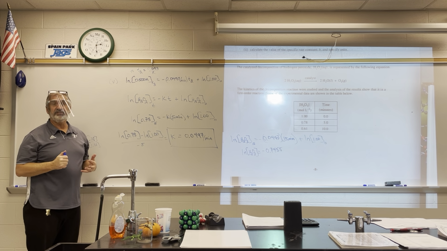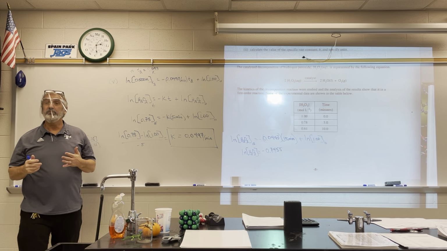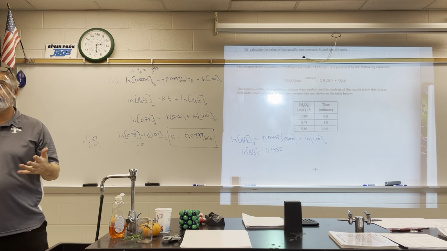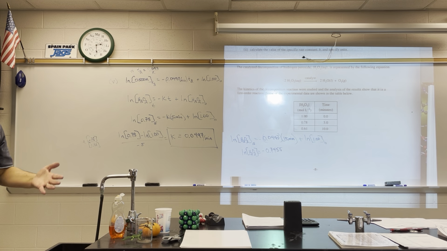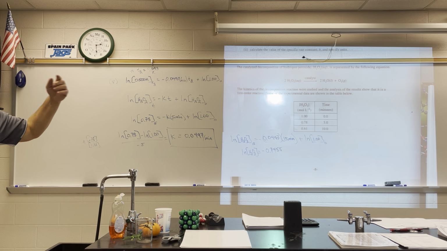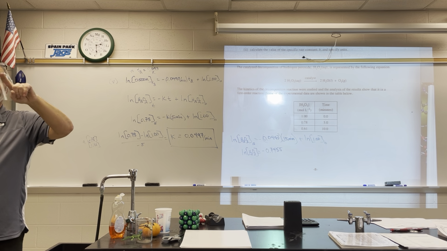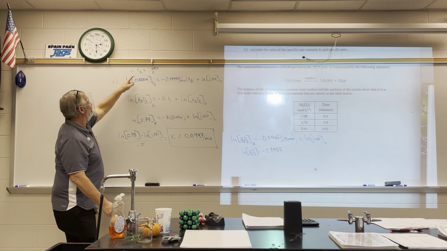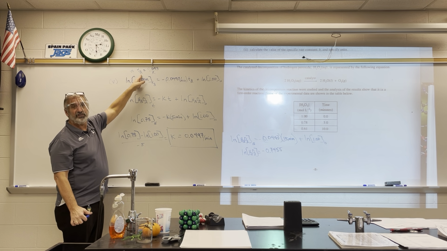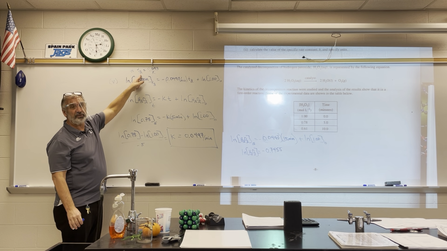Normally we associate half-life with radioactivity, but in this case they ask you for the half-life of a reaction. Number one, this equation is the only one you're ever going to have to use. You never have to do half-life for second order or zero order.